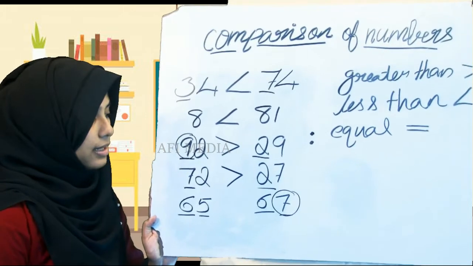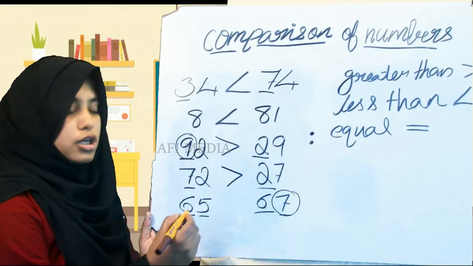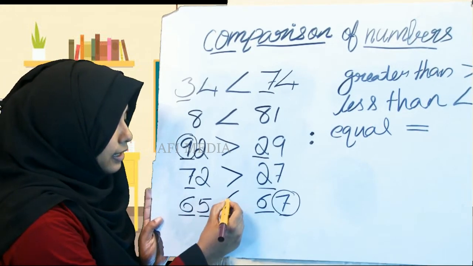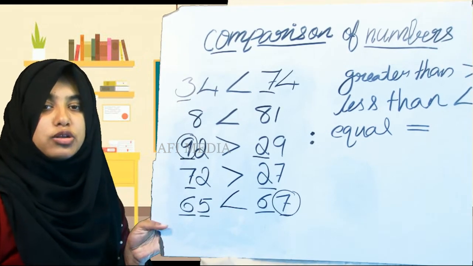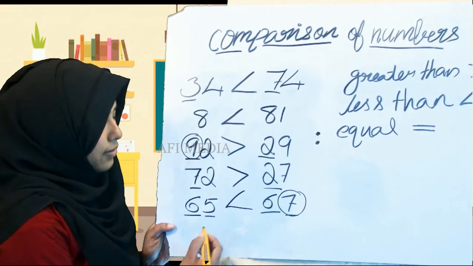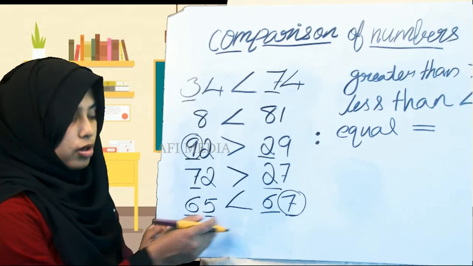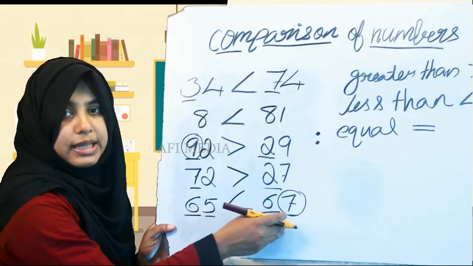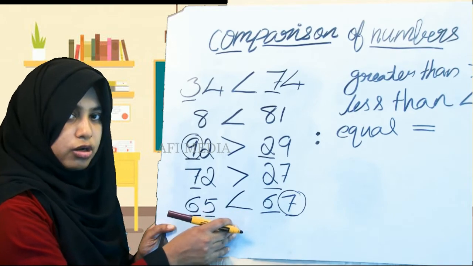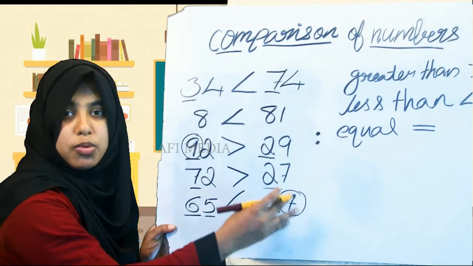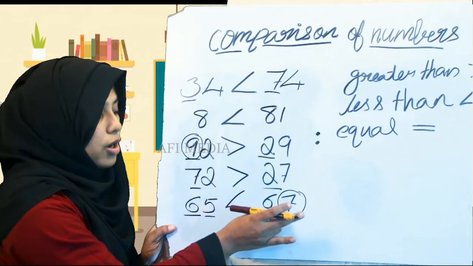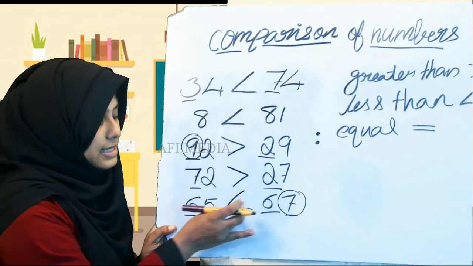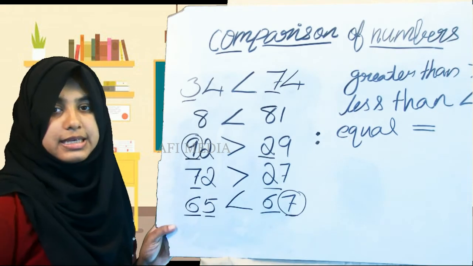So we draw greater than toward 67. Open his mouth toward the bigger number. Think of this as a crocodile that wants to eat big numbers, so he always opens his mouth toward big numbers. This is greater than 67.